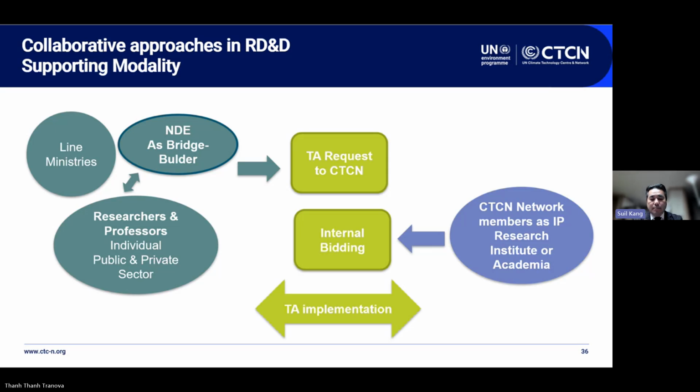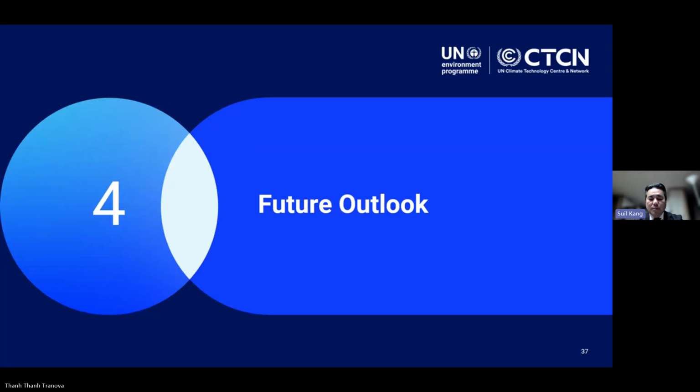And also on the right side, CTCN network members as implementing partners. So members of research institutes or academia can be the potential implementing partners for those cRD&D activities.